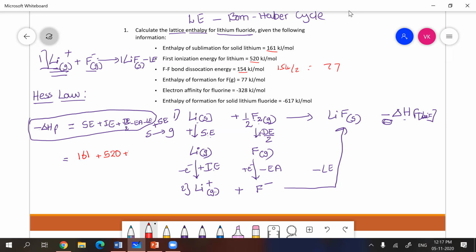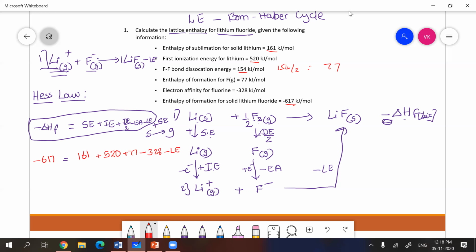Substitute 77 directly. Next, electron affinity, how much? They gave 328. Already negative, so you substitute the negative value. Minus lattice energy we want to calculate. And what is the heat of enthalpy? 617. So now calculate and simplify this.